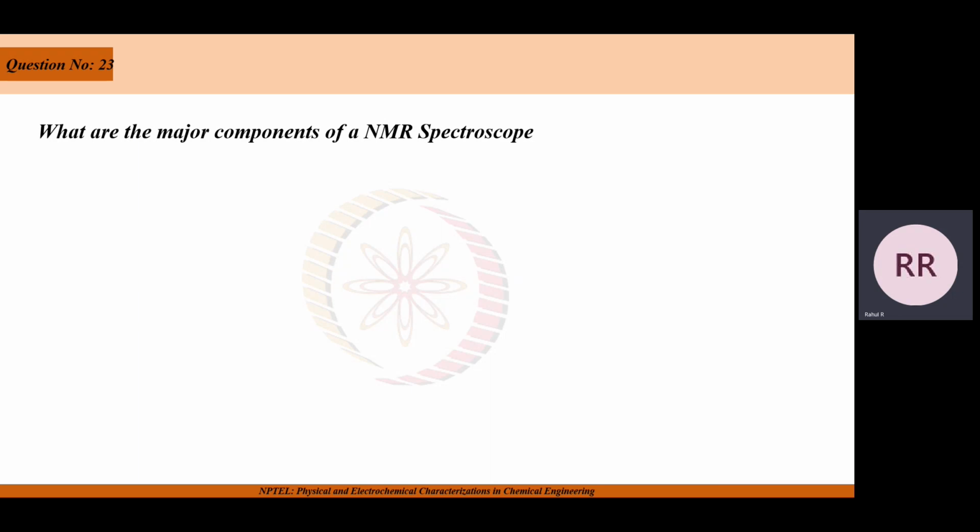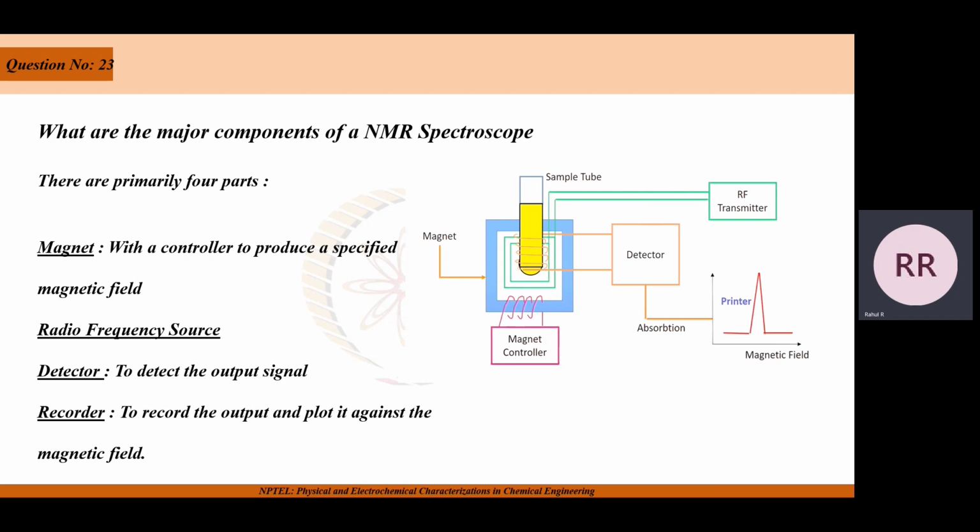Okay, I think you guys got enough time to think about the answer. The answer to this question is as follows. You can see a diagram over here. From this diagram, we can see there are majorly four main parts. The first one is the magnet. There's a magnet and a magnetic controller which can control the magnetic field generated.